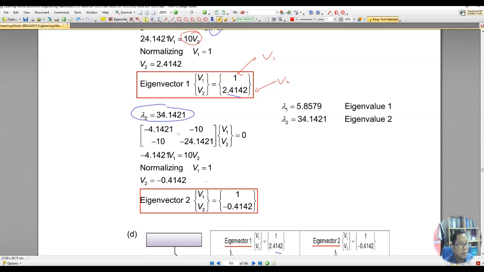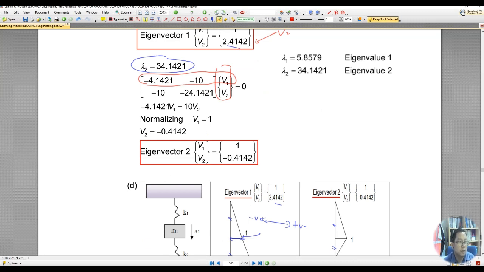From this we just use the first row, minus 4.12421 v1 divided by minus 10v, because we have already moved it. When we normalize v1 equal to 1, then we get v2 equal to minus 0.4142. So this is eigenvector 2.